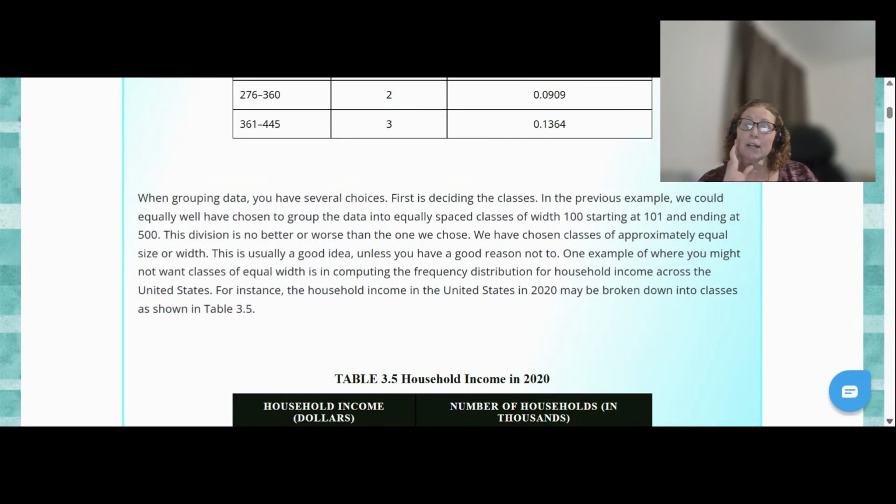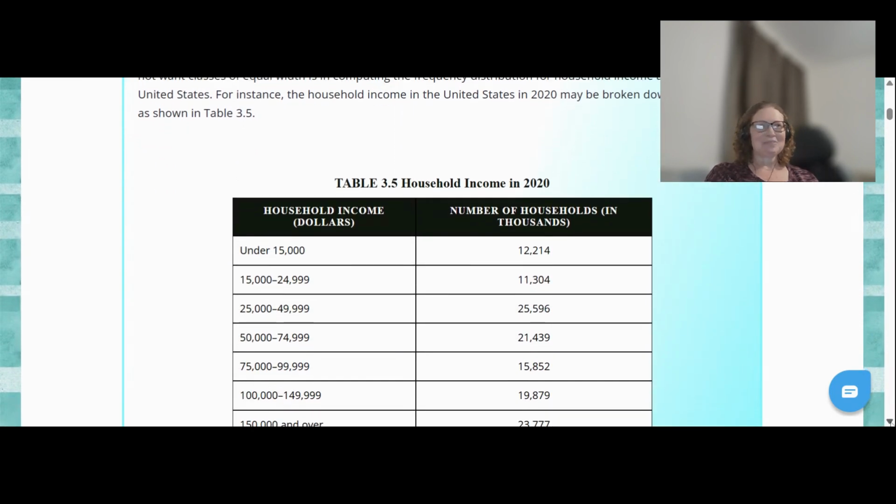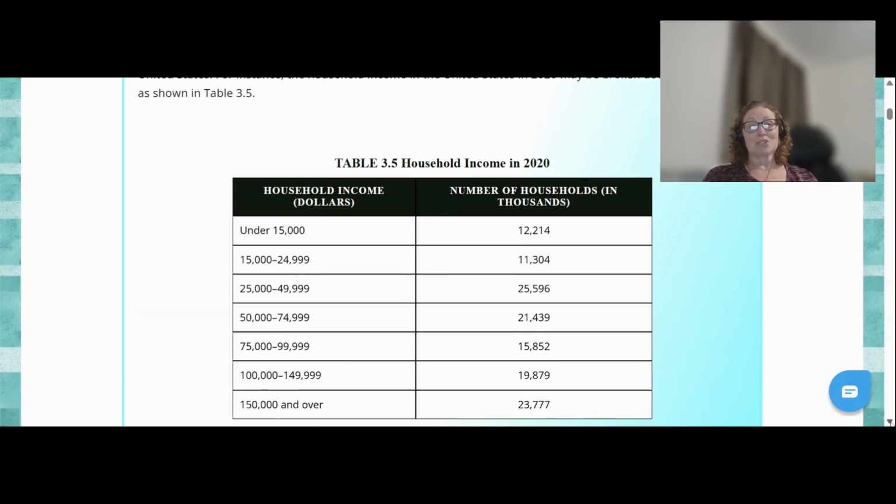One example, and I talked about how this is possible, is that classes might not be of equal width when we're looking at household income. That's one example. I can also think of another, like salaries of NFL football players or NBA, because there's such a wide range.